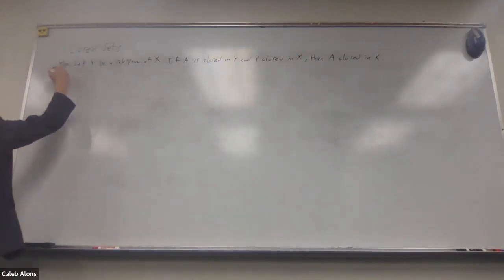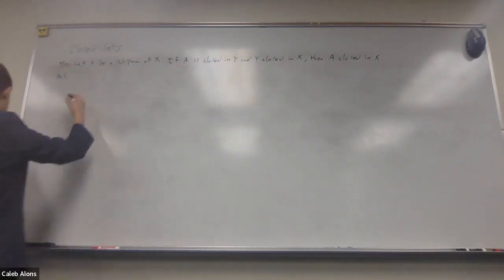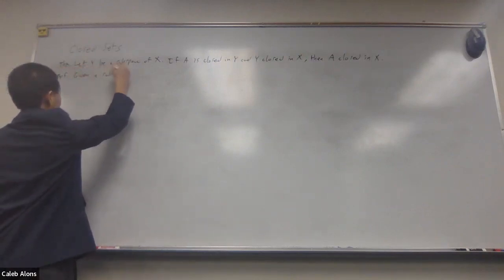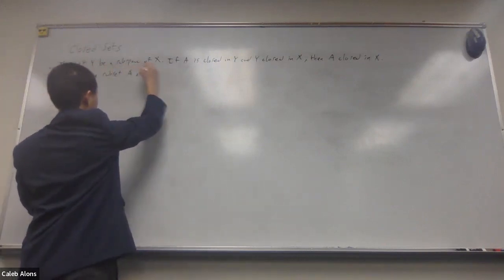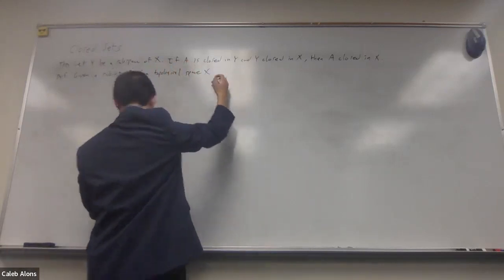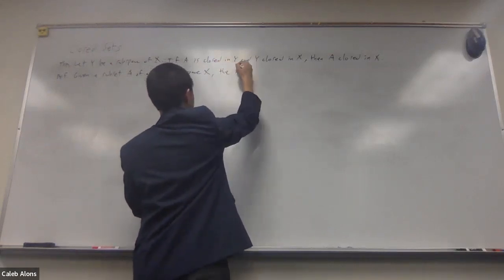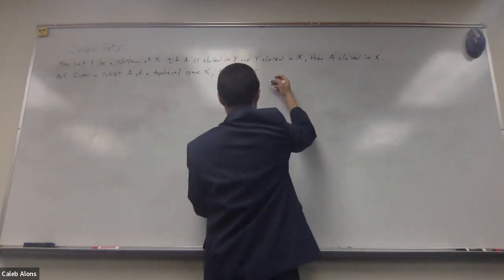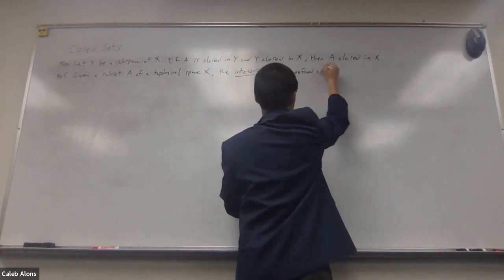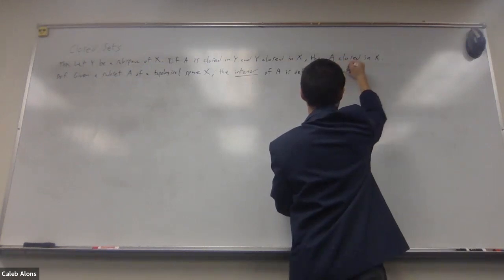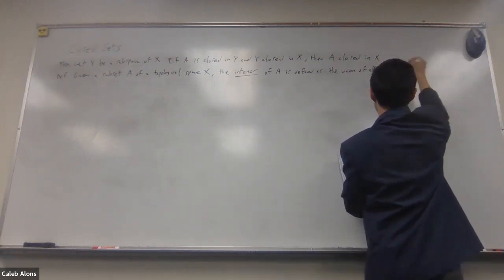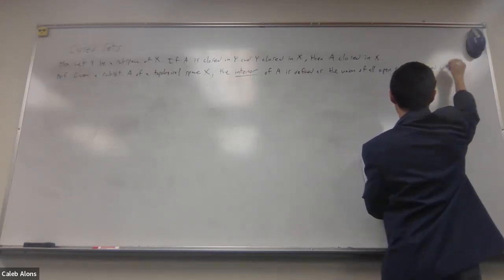Okay. So a definition: given a subset A of a topological space, I'm going to call it X, the interior of A is defined as the union of all open sets contained in the subset.